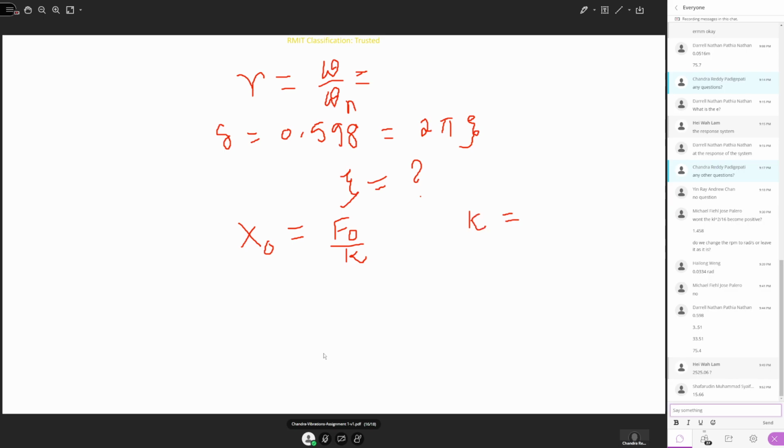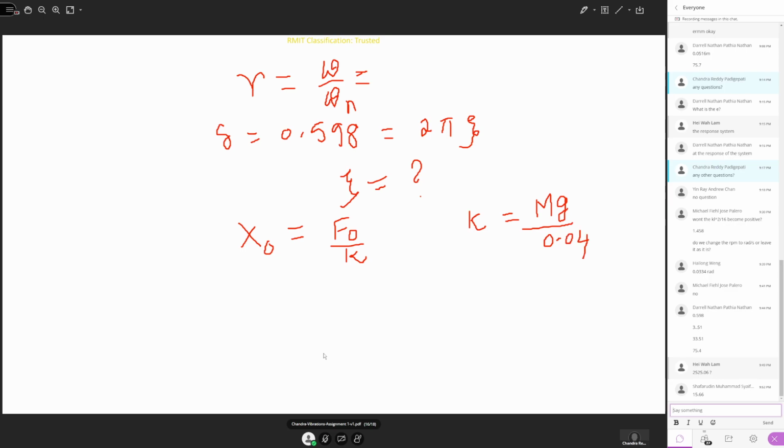K is mg over the deflection, so the weight of the system, the total mass, over the static deflection, which is given as 0.04.